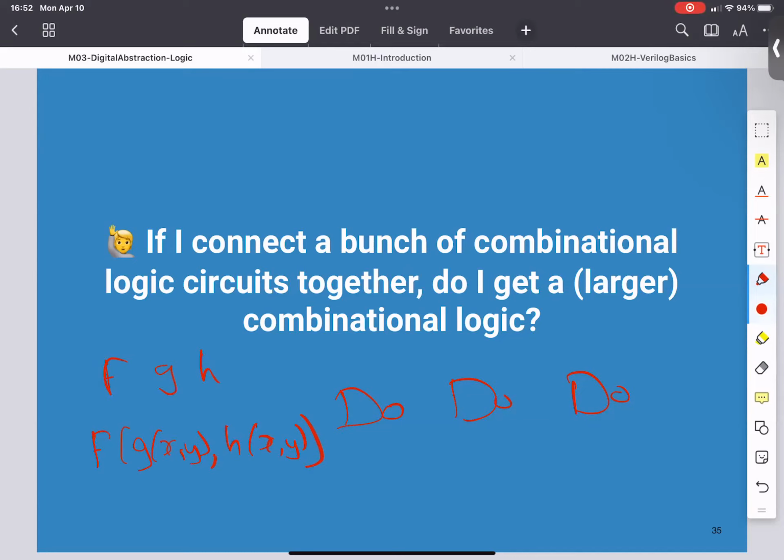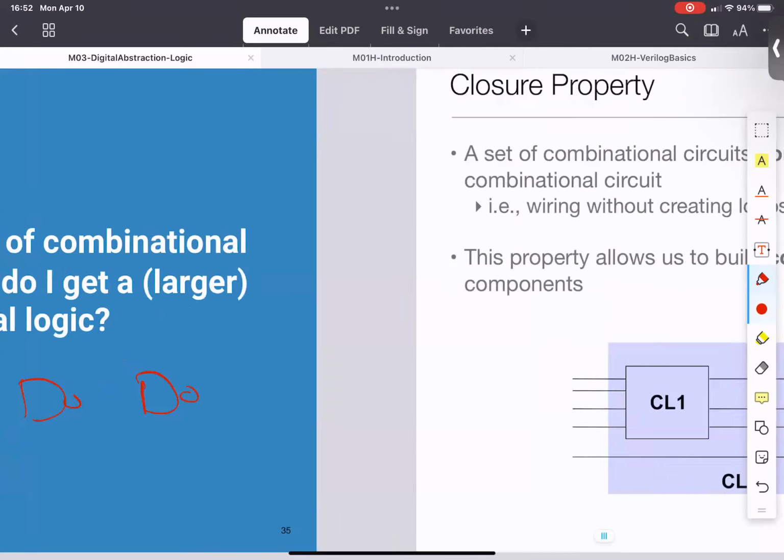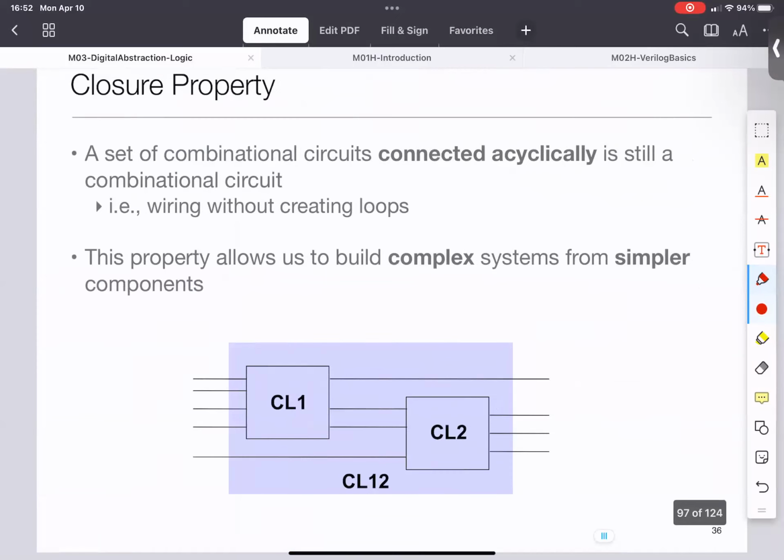But the reason I'm asking this question is because actually the answer is no. Just because I wire up a bunch of combinational modules, I may still end up with something sequential. And why does that happen? The key part is if I connect combinational modules in a manner which is acyclic, there is no feedback. That is, if I go from an input and keep traversing, I'll always get to an output. It will never be the case that I will circle back.